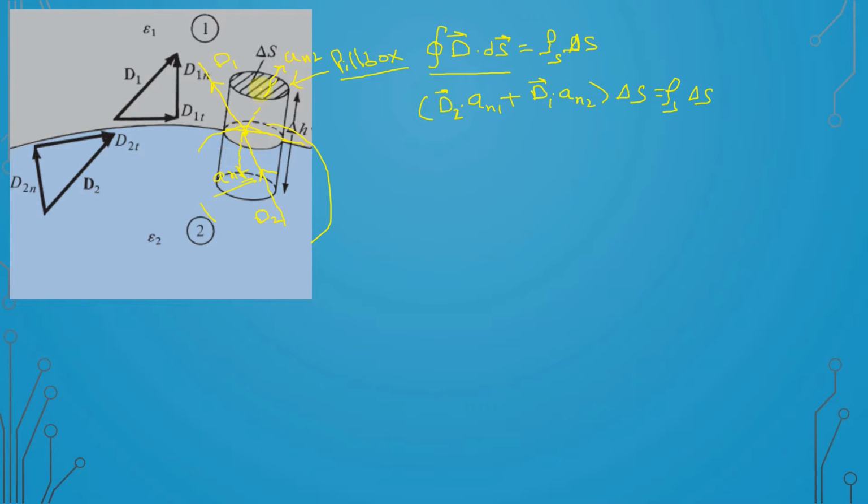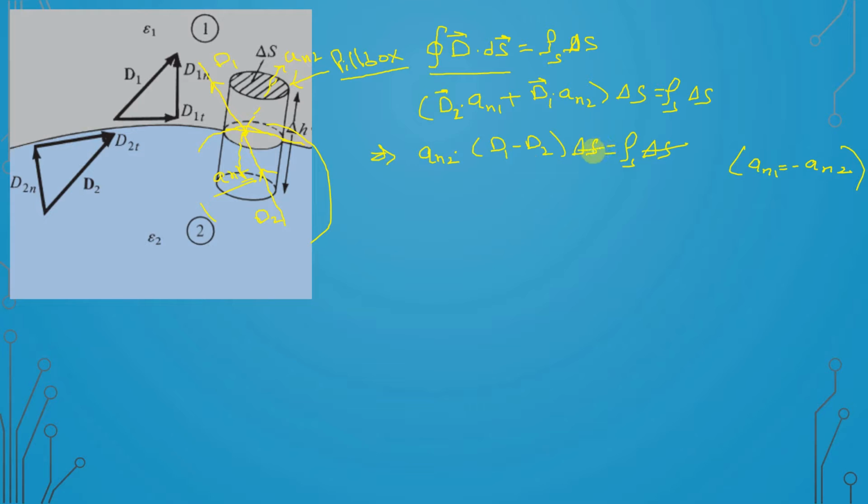Now we know that from this geometry, this a_n1 is equal to minus a_n2. So put the value here. It implies that it will be equal to a_n2 dot (D1 minus D2) delta s is equal to rho s delta s.